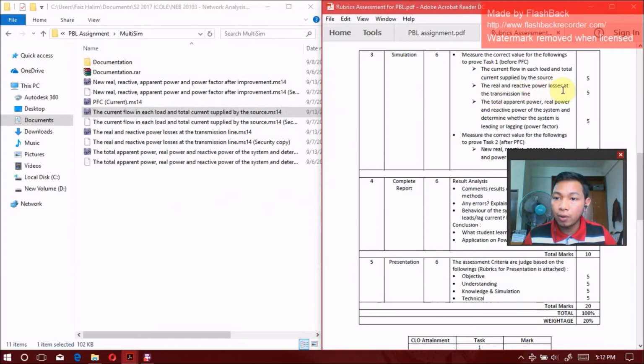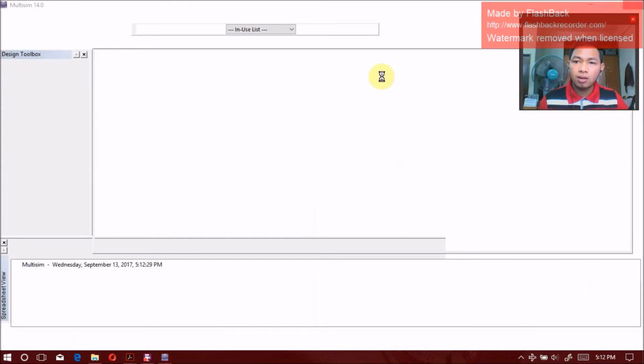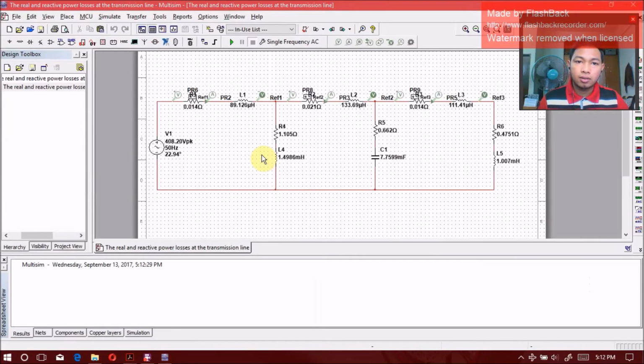Next we go for the real and reactive power losses at the transmission line. This is the same circuit but a different measurement. Now we need to find the real and reactive power at the transmission line.